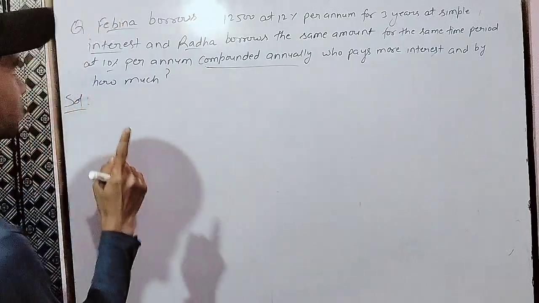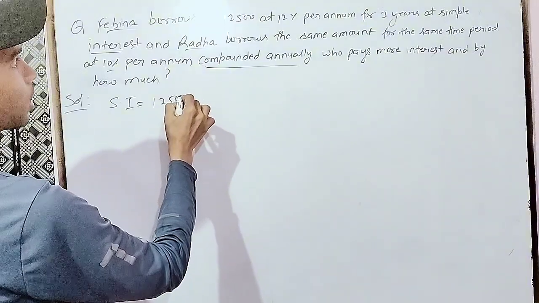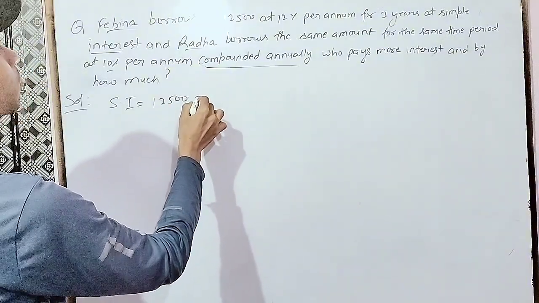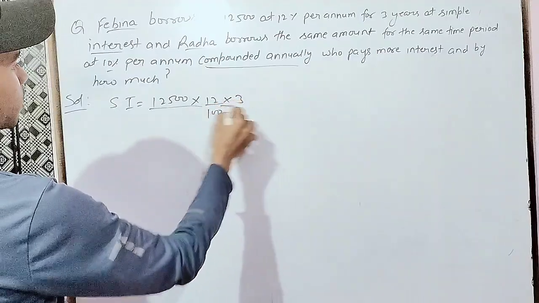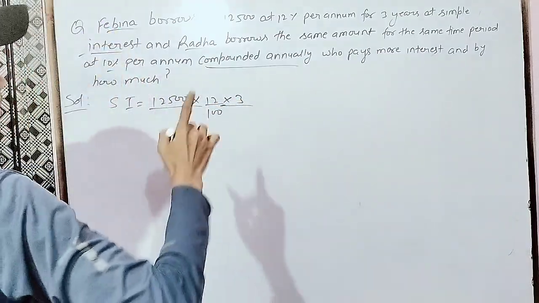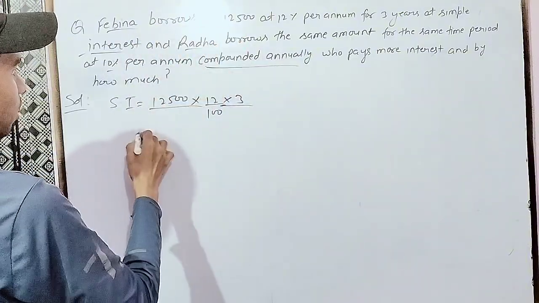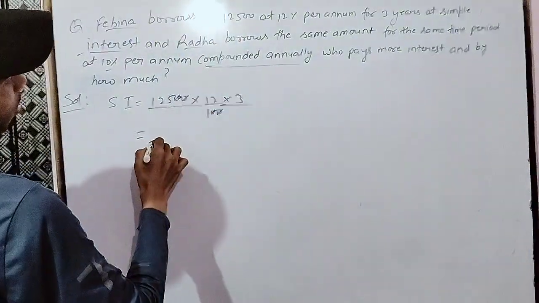Okay, first, for simple interest, what to pay? Then 12 upon 100. Time is how much? 3. Okay, this is for simple interest, and the question was to find simple interest for this statement. Now, clear?